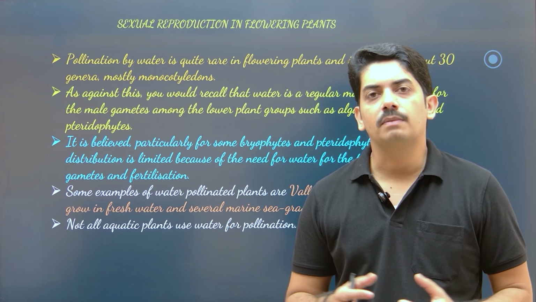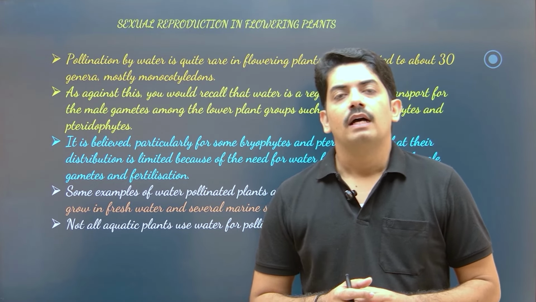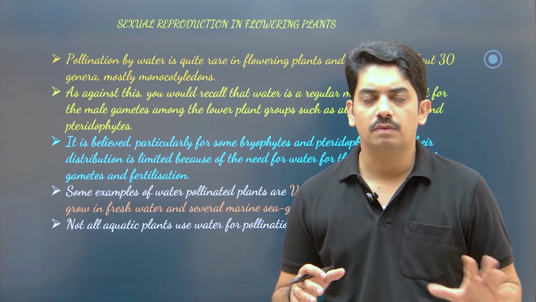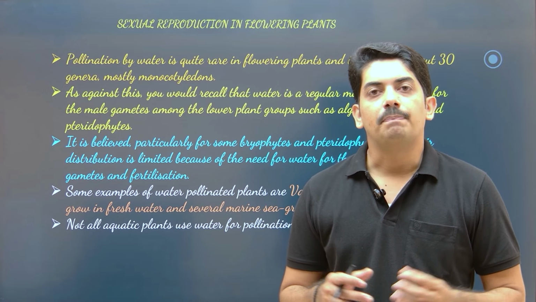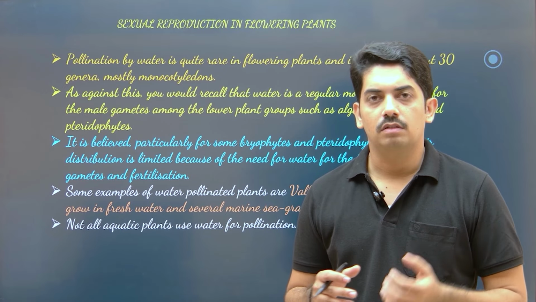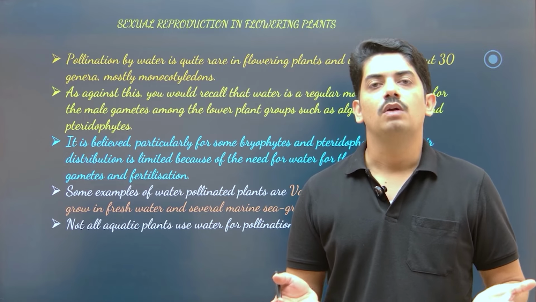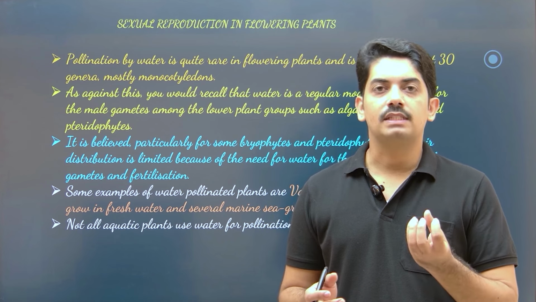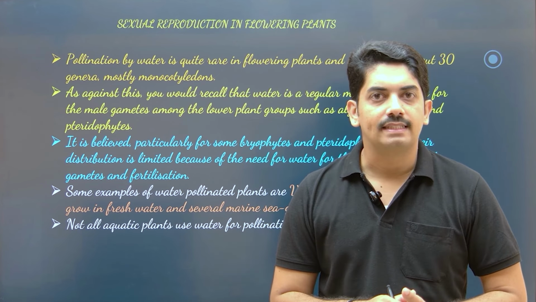So how does this water pollination take place? See, don't get confused. Hydrophytic plants grow in water, on the surface of the water, sometimes completely submerged. The plants which are growing on the water surface, that means they are floating on the water surface because of buoyancy, produce flowers which are colorful, and they are pollinated by insects.